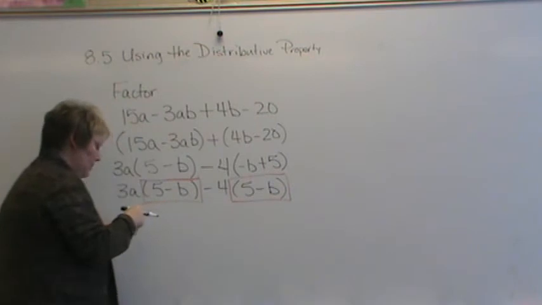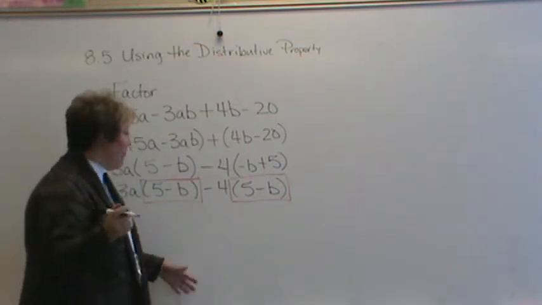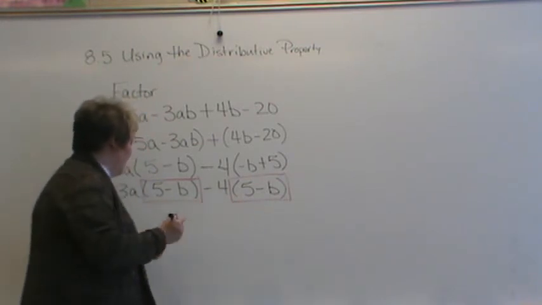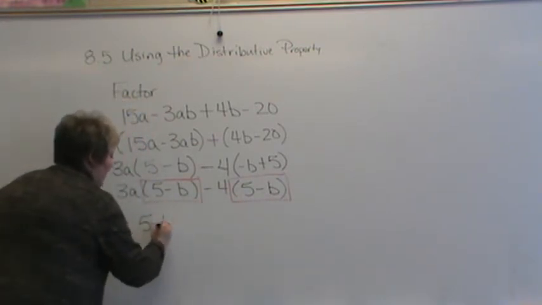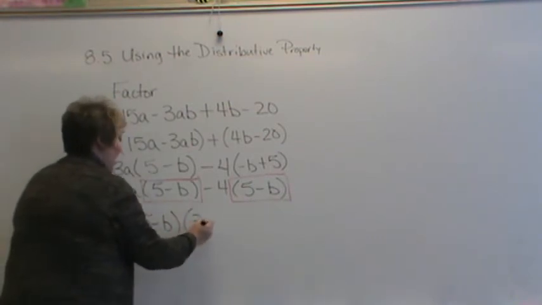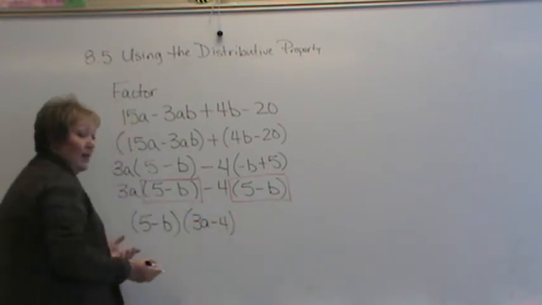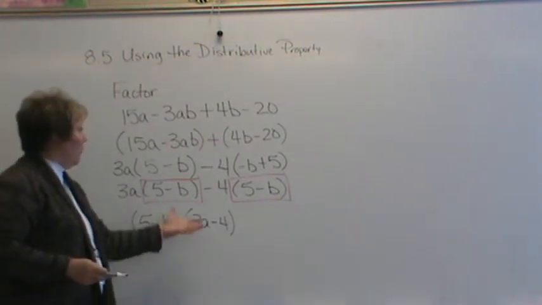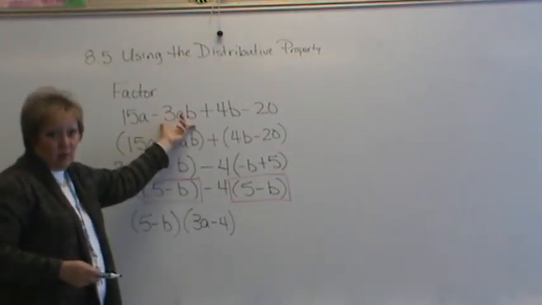This is alike. So that's my GCF, greatest common factor, still. So now I can factor out 5 minus B, and I've got 3A minus 4 that I grouped together. And this is my factored form of this polynomial.